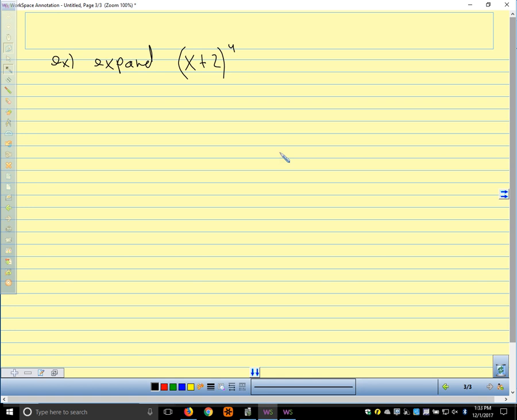And this is not asking you to say that this is this. That's not what it's asking you, to expand it that way. So we have to do something different.